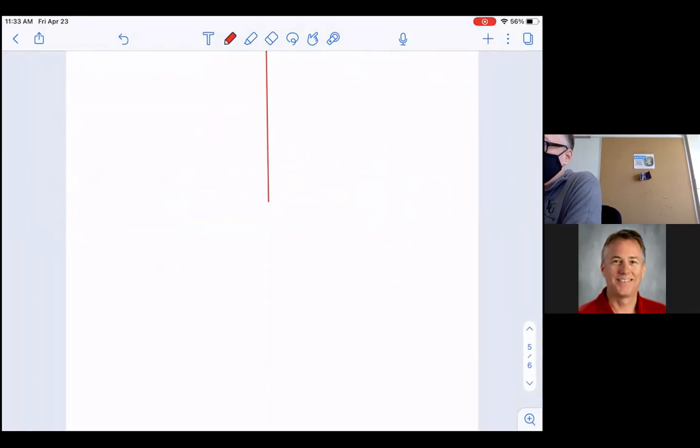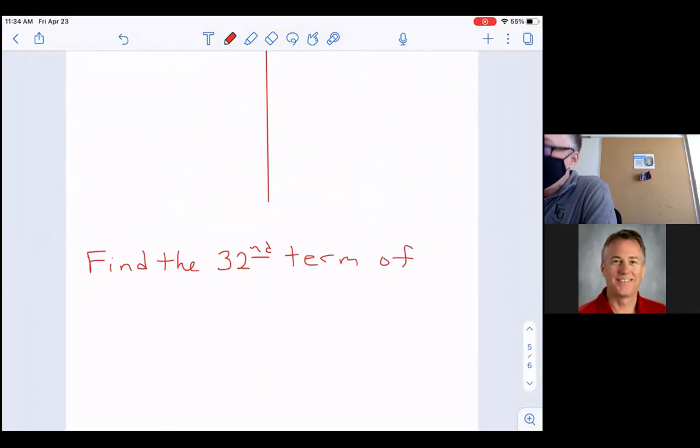All right, so let's say we want to find, and I'm going to move this around in a second, the 32nd term of this sequence: 462, 453, 444, etc.